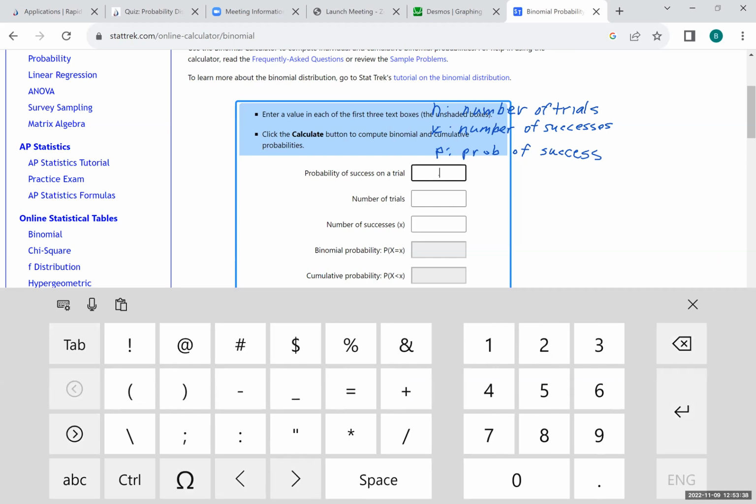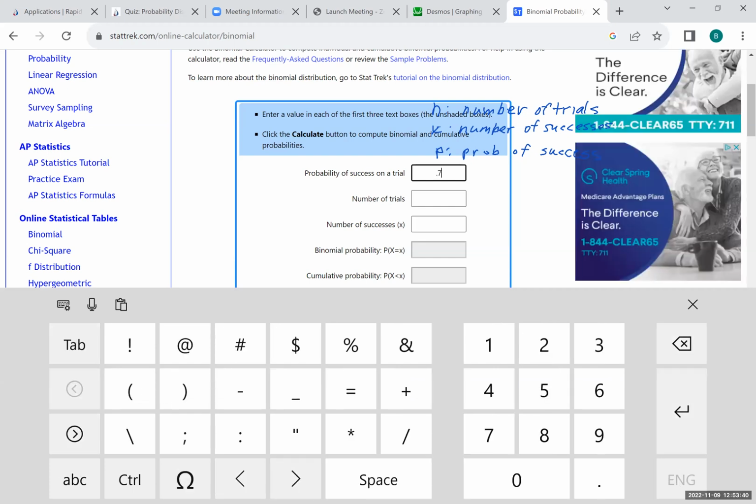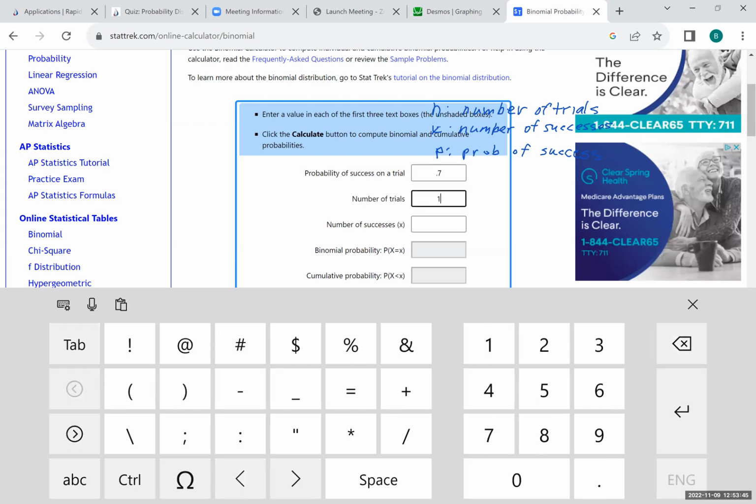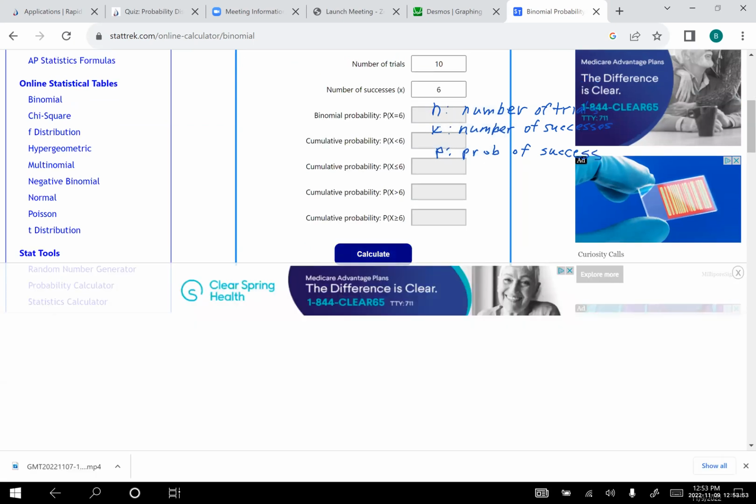But it'll work fine for you. It's just not working fine for me. 10, you said, and 6. And calculate. There we go.